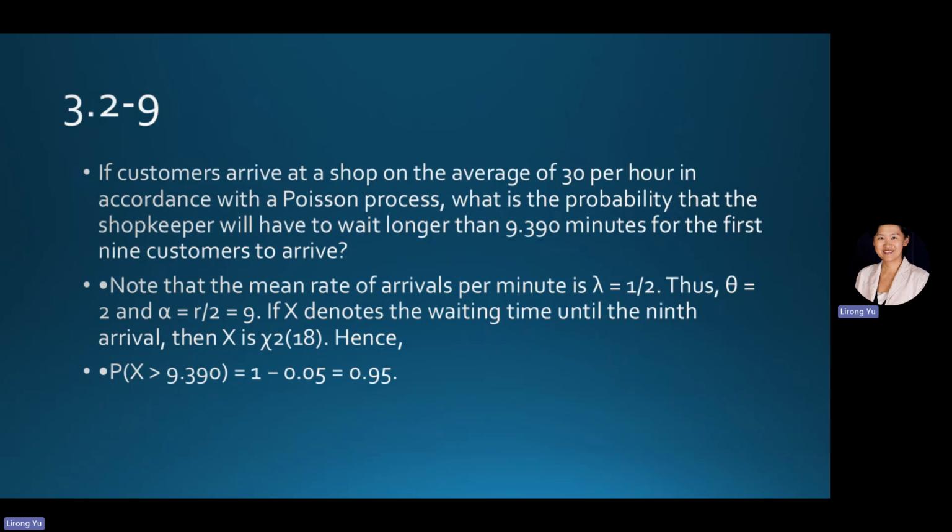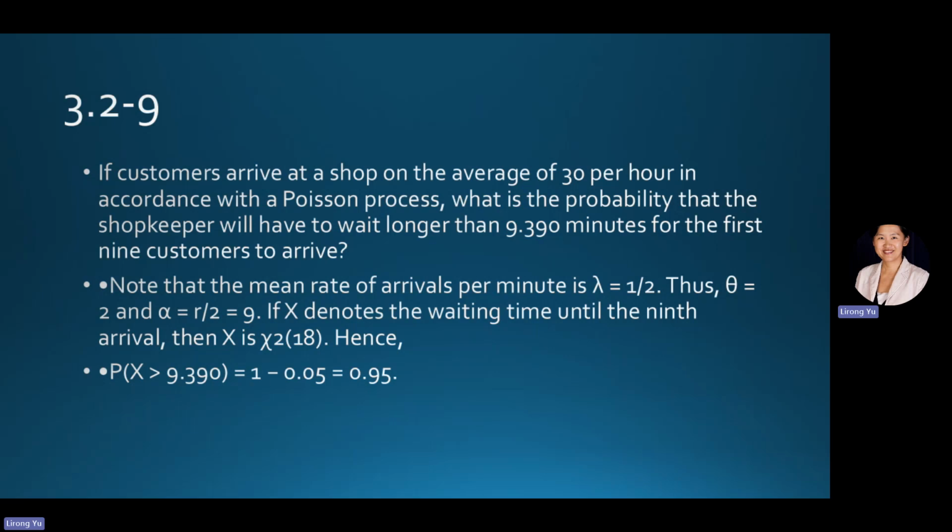You can draw the curve. 18 is the average waiting time for those 9 customers, because we're looking at chi-square 18. 18 is the mean value. So if you draw a curve, the center of the curve is at 18, which is a pretty common waiting time for 9 customers.